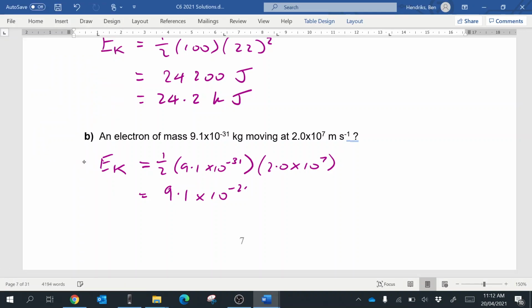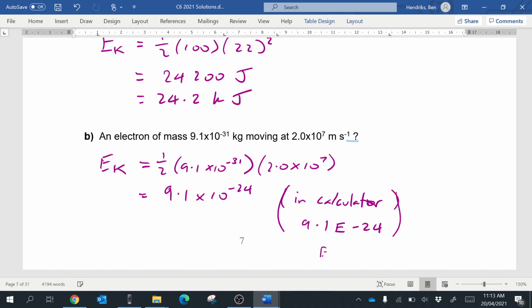So in the calculator we saw that as 9.1 e negative 24, and that means the same thing.